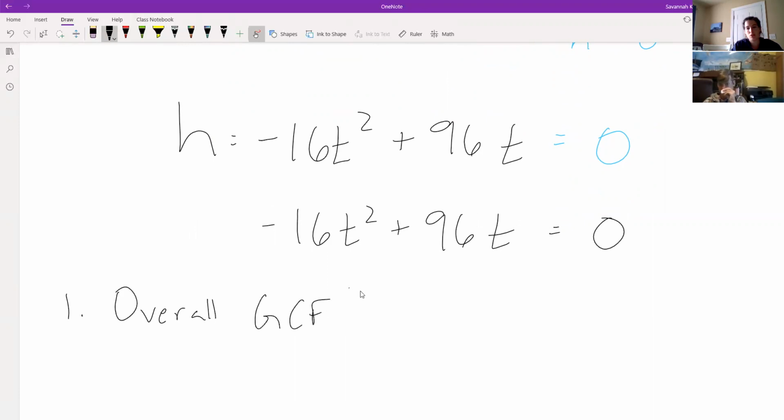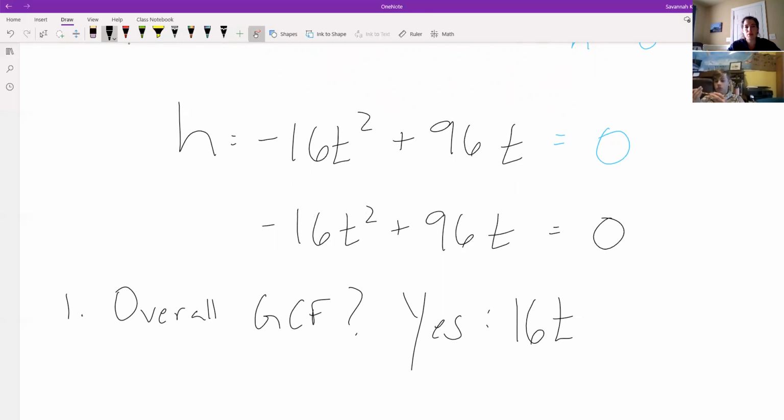Is there an overall GCF? Well, we can see that both terms share a t, so we can pull a t out. And additionally, both terms are divisible by 16, so we could pull a 16 out.